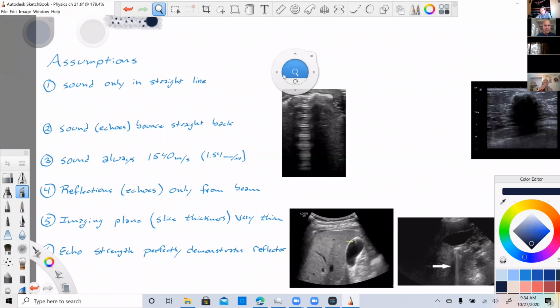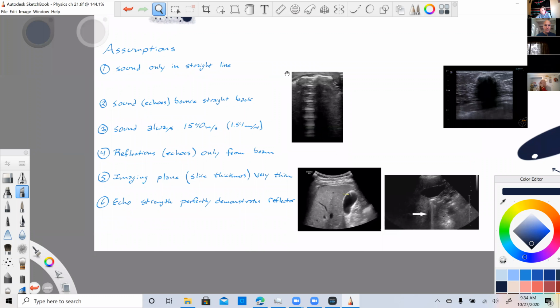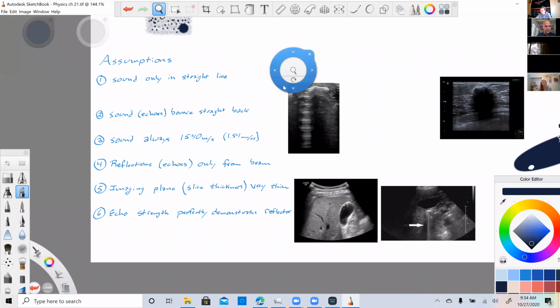Just quickly talk about these assumptions, because Edelman likes them. Edelman likes assumptions, and he likes breaking assumptions. So sound only goes in a straight line. We assume it. The machine has to assume it. Doesn't always happen. Echoes bounce straight back. Not always. Sound always travels at 1540 meters per second.